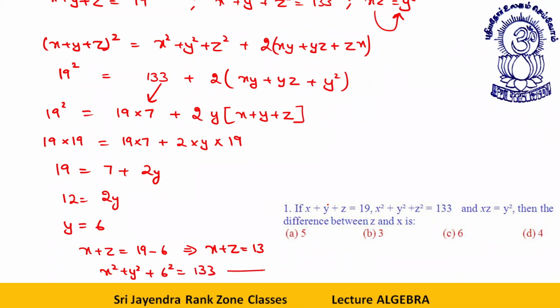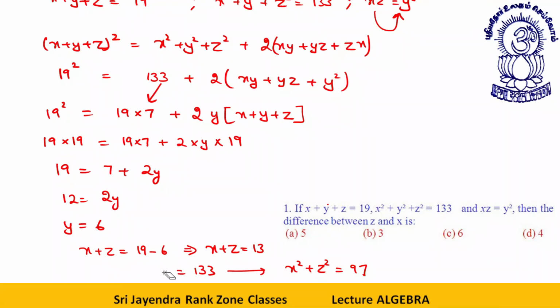From here, what do I get? x square plus z square plus y square, or let it be x square plus y square plus z square. x square plus z square is equal to 97, but you don't need it. Just pardon me for writing this because this is not actually needed.